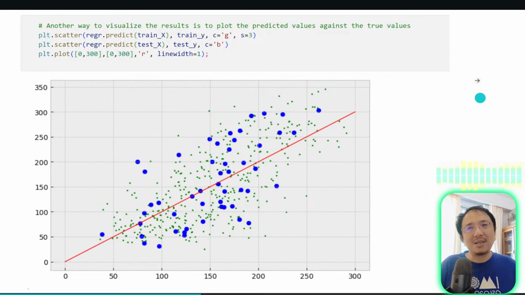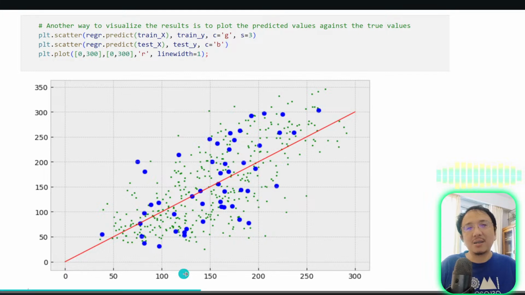Because for this graph, the x-axis is your prediction, and the y-axis is the actual value. So if the prediction is perfect, everything is going to lie on the red line here. If everything is very close to the red line, then we are doing a good job.